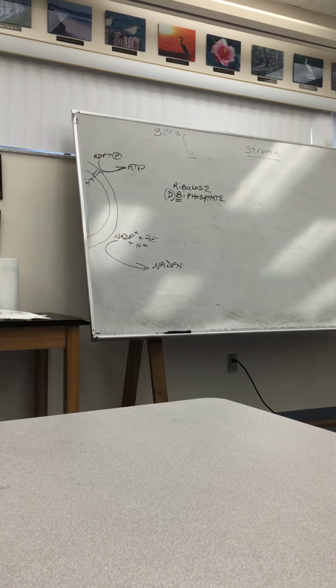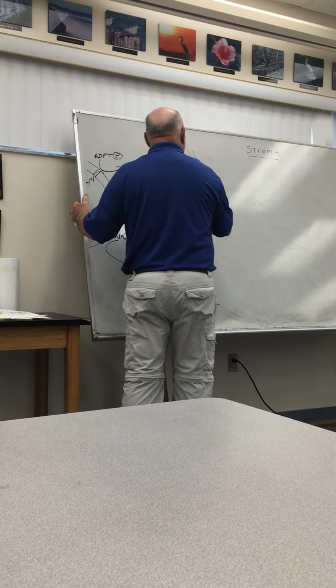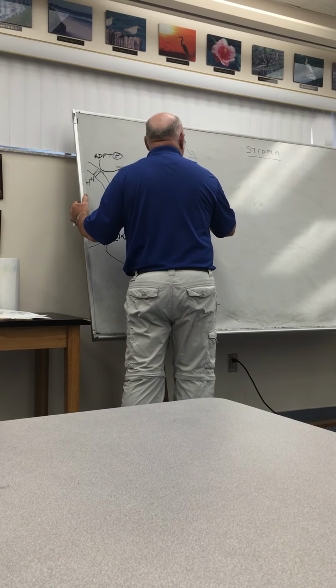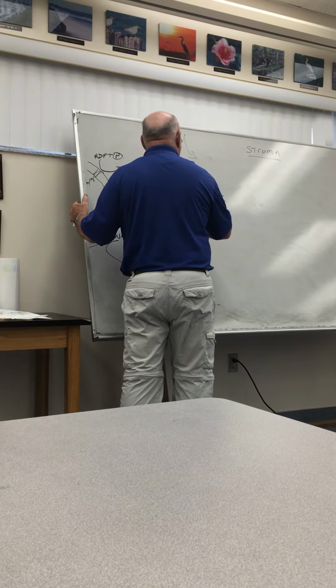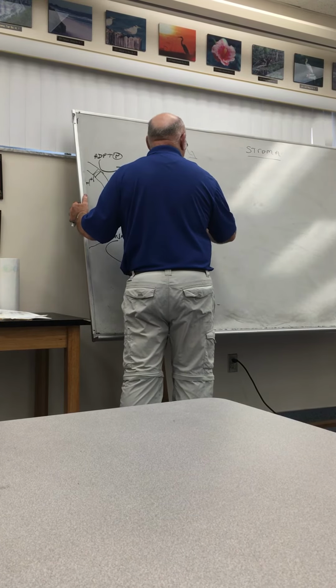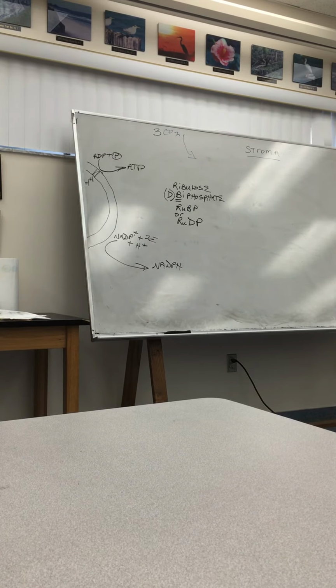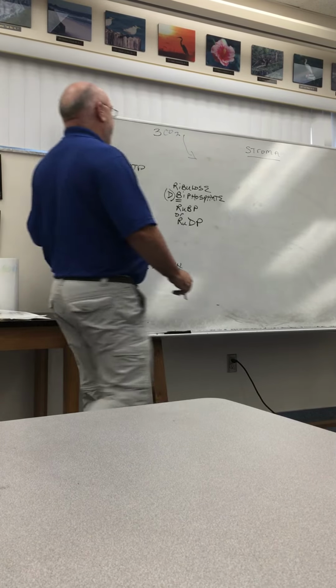But I see it in different references both ways continuously. So by abbreviation, this would either be RuBP or RuDP. And there's no difference in them, it's just a nomenclature difference. And those molecules that are RuBP molecules are 5 carbon molecules.